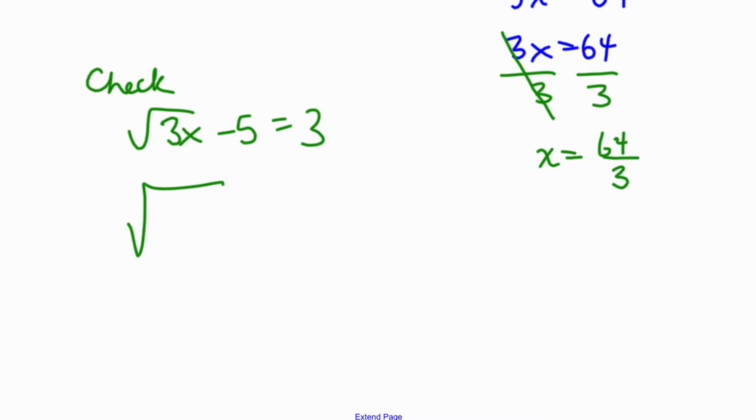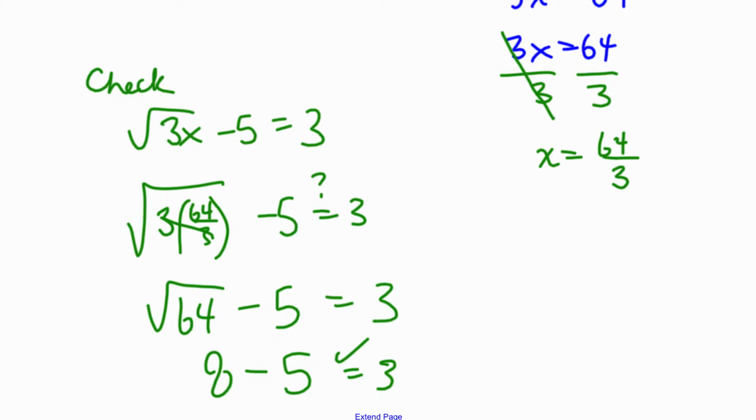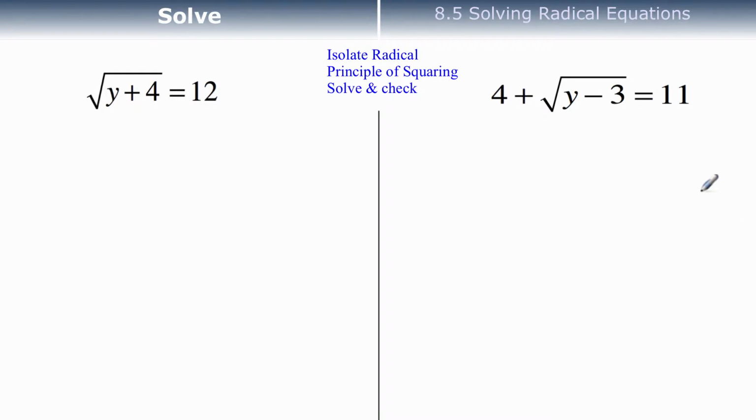So the square root of 3 times 64 over 3 minus 5 is equal to 3. Checking to see if that's right. Well, these 3's cancel here. So really I just have the square root of 64 here. Take away 5 equals 3. Square root of 64 is 8. 8 take away 5, yeah, that's 3. Therefore, my answer is correct. Let's try a couple questions.